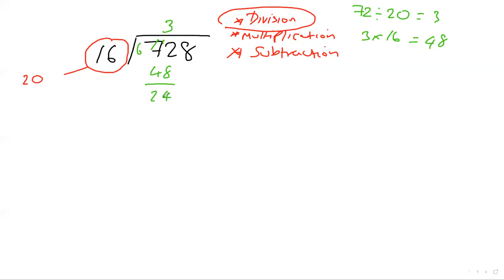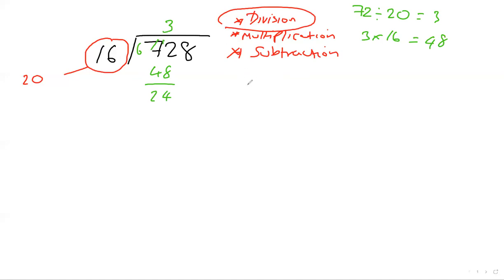Now, this is the first rule that we need to know as we're doing the long division. If the number after the subtraction step is greater than or equal to the original number being divided by, that means your previous step is too low, the answer on the answer line, in terms of the division step.